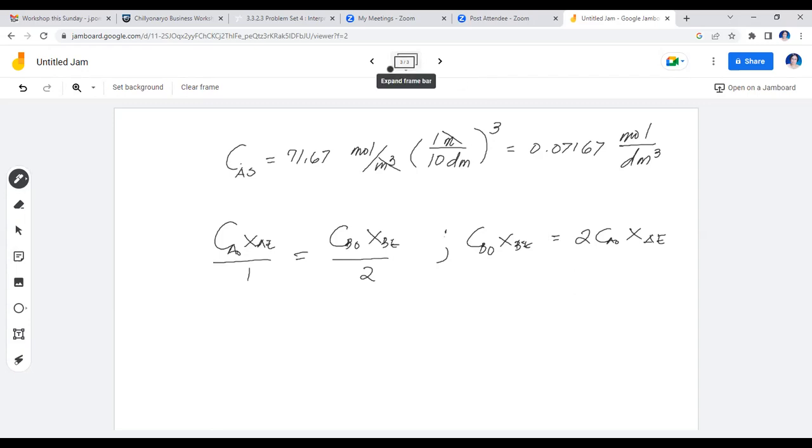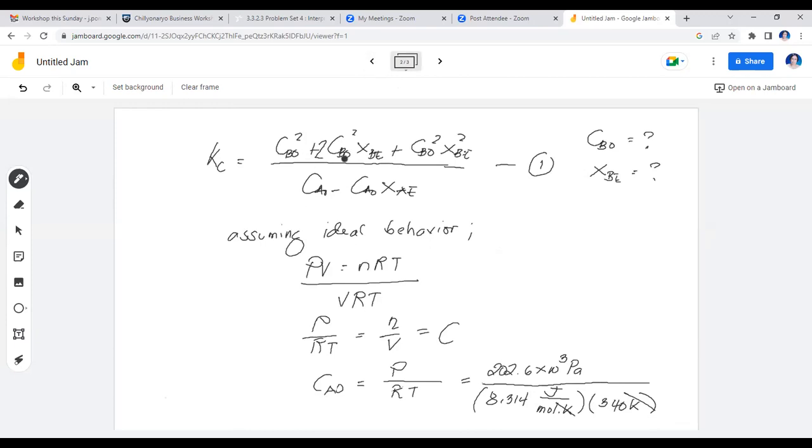So going back to equation 1, your K sub C is equal to, so I still write CBO squared plus. In the case of the middle term, you will have here 2 CBO times CBO XBE because of this CBO squared.